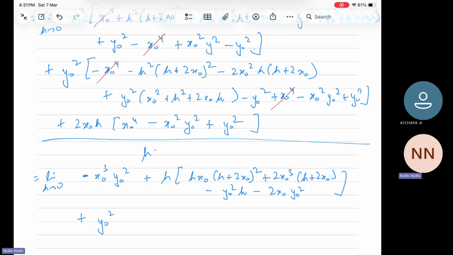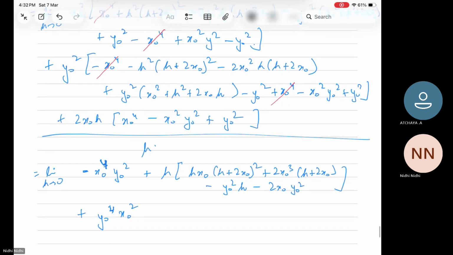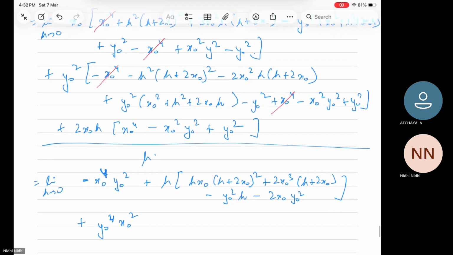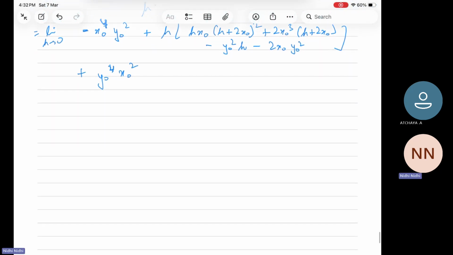Yeah, this is a bit calculative. I hope you can do it yourself, and eventually you'll get that everything will get independent of h.